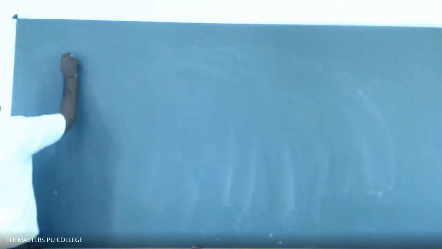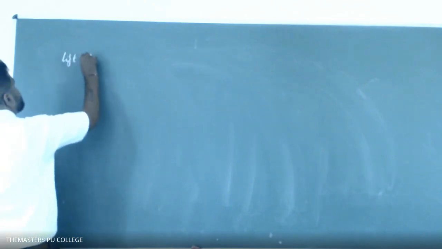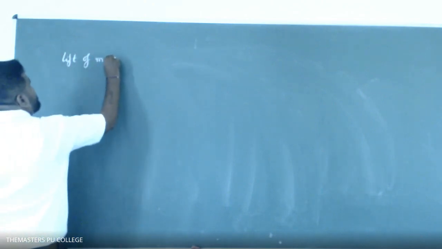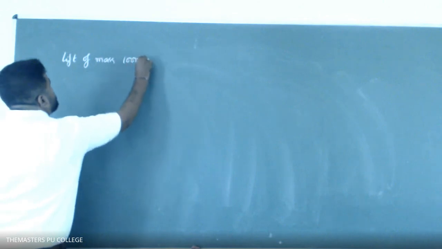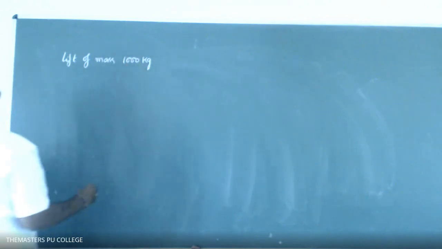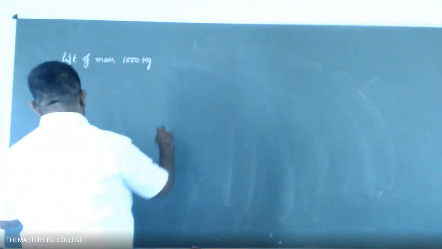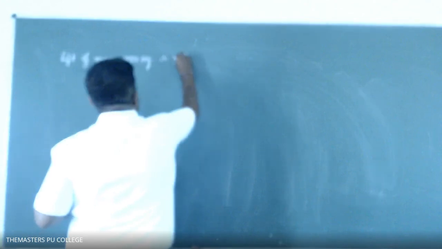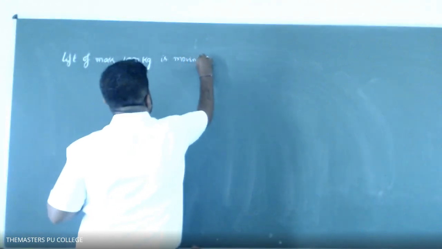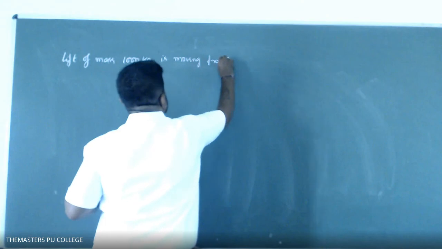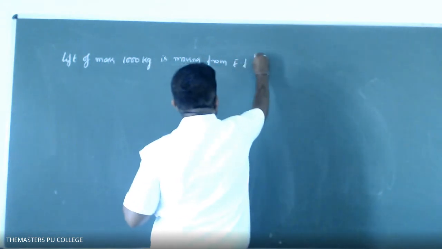A lift of mass 1000 kg is moving from first floor to ground floor, FF to GF.